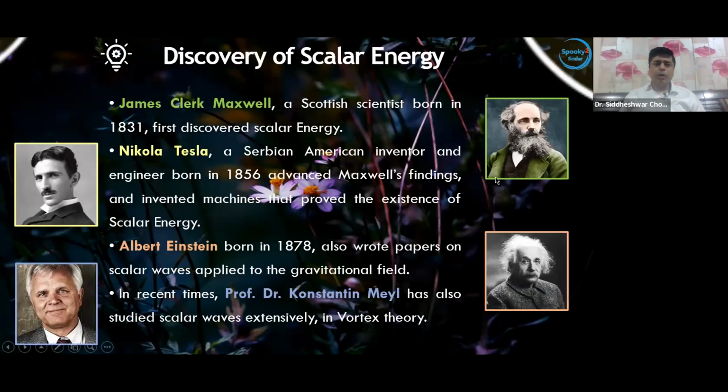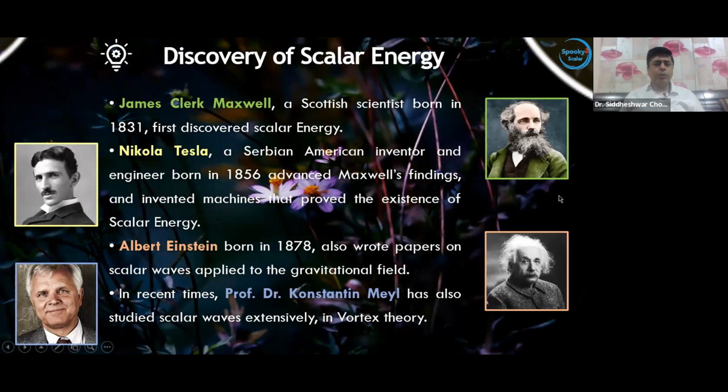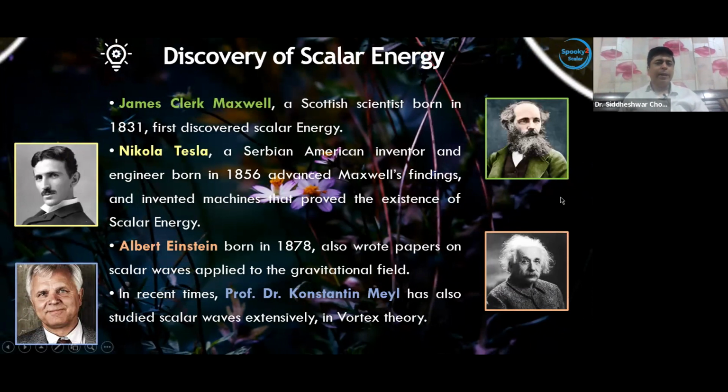So let me go to the introduction of scalar. In the beginning, James Clerk Maxwell, Scottish scientist, born in 1831, first discovered scalar energy. That is how it all started.